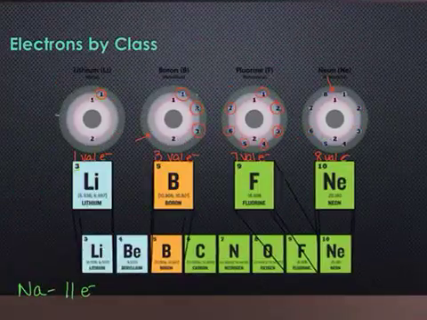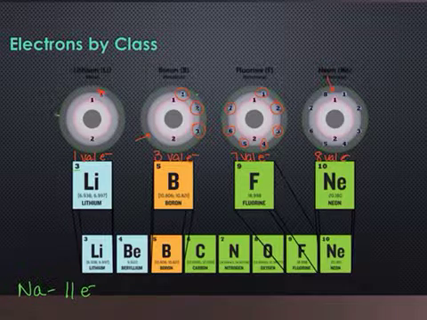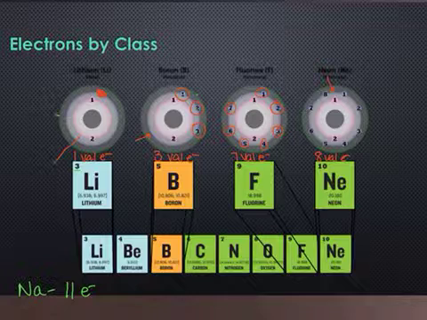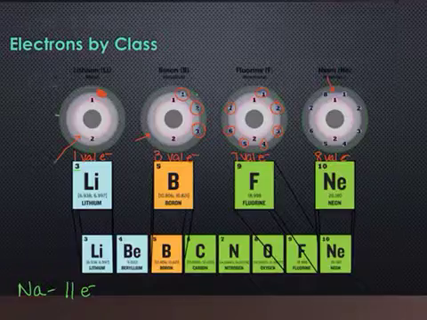So let's go back here again. If lithium, which is a metal, were to give up this 1 valence electron and it were to go away, then its outermost energy level now is energy level 1, and it is full. This is what elements strive for, is to have a full energy level.